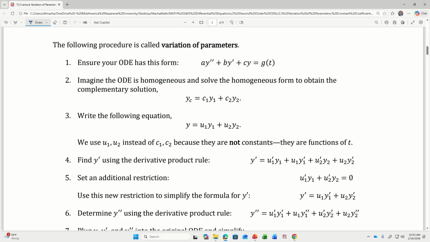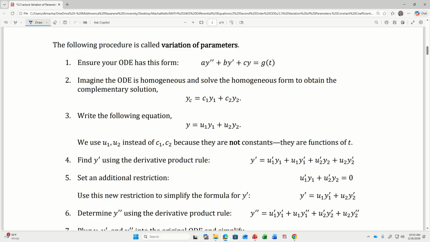Now, what we're going to do next is replace the C constants with u1 and u2, where those are no longer constants, but functions of t. This is kind of like the reduction of order method, where I don't exactly know what this solution is going to look like, and this is giving me a starting place.